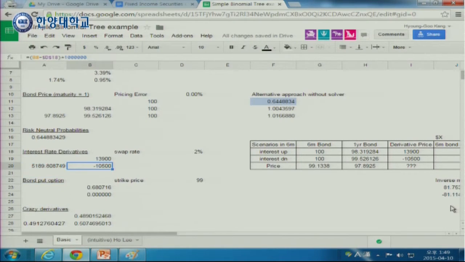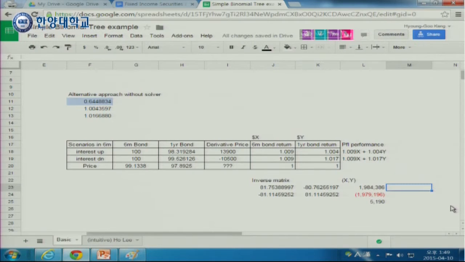Yes, so this is the same as this one, so we got this derivative price. Any questions about this? Again, our idea is simple. By investing $X in the short-term bond and $Y in the long-term bond, we exactly replicate the same cash flow as the derivative. So the sum of X and Y should be the derivative price. Is it clear, Dave?